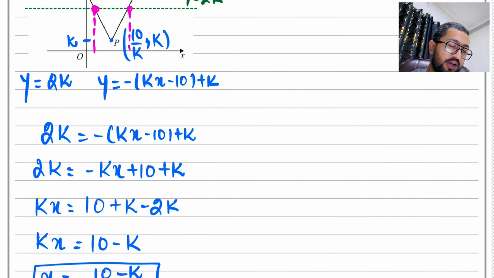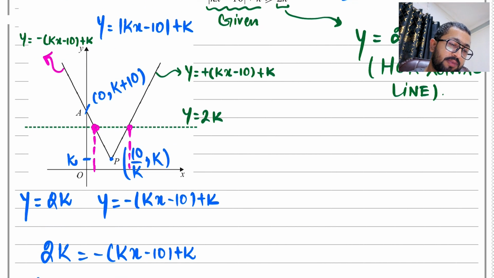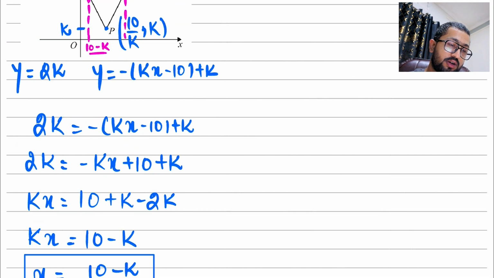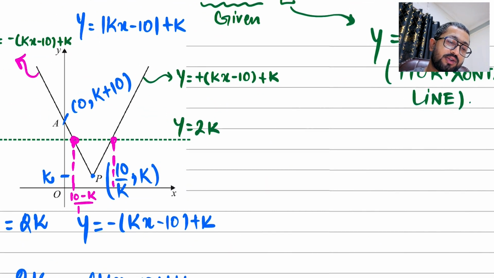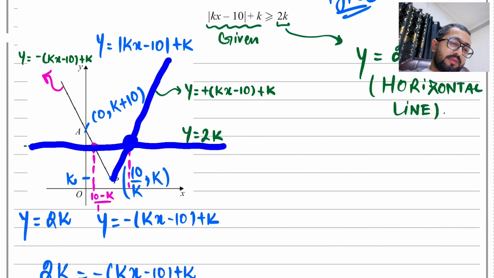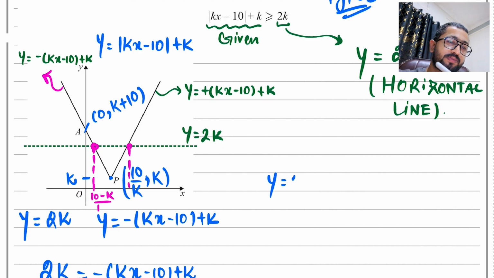So what is the next point of intersection? The x value is (10 minus k) over k. The next point of intersection is between this line and this horizontal line, y equal to 2k.